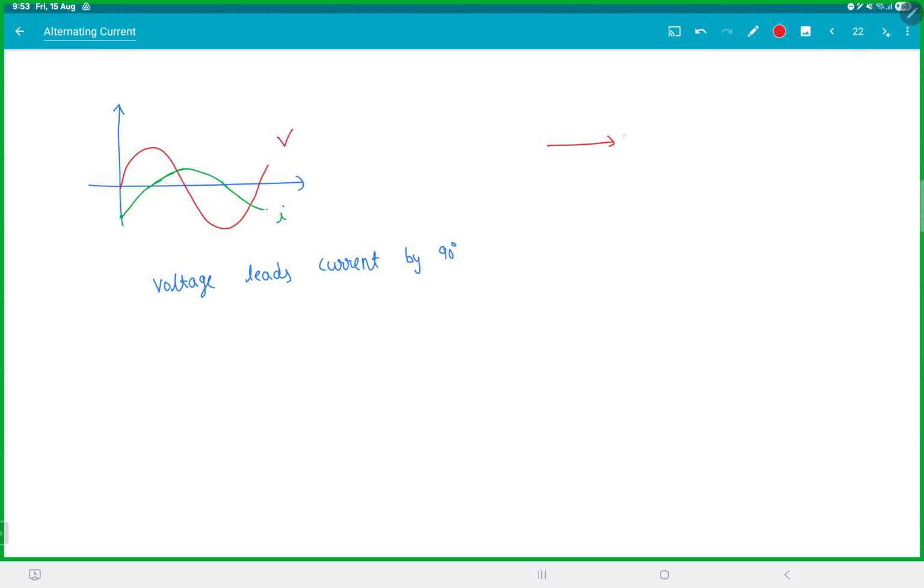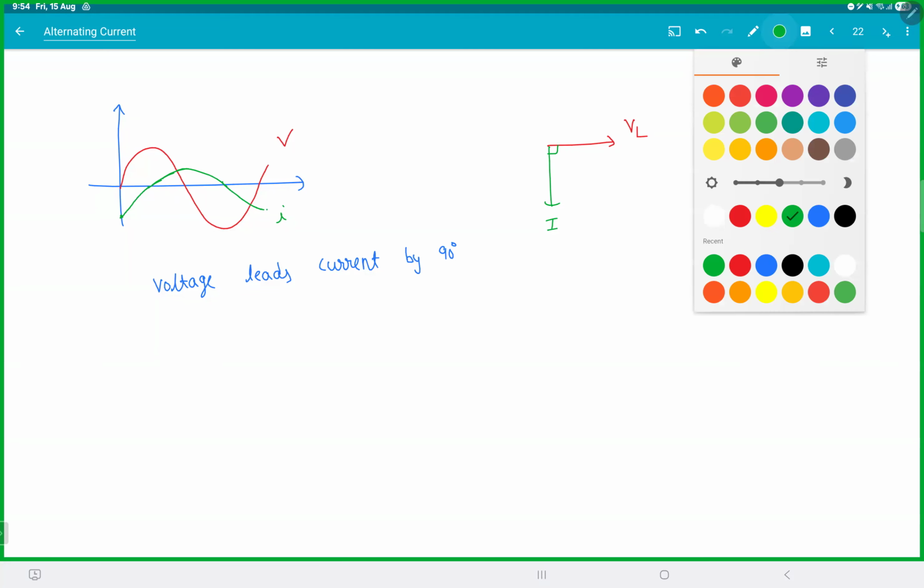That means if voltage VL is this way, your current is 90 degrees behind. Remember, we take anti-clockwise as positive, right-hand thumb rule. So if VL is upward, you can rotate the same thing by 90 degrees if you make it current. There. So voltage will be always 90 degrees ahead of current.